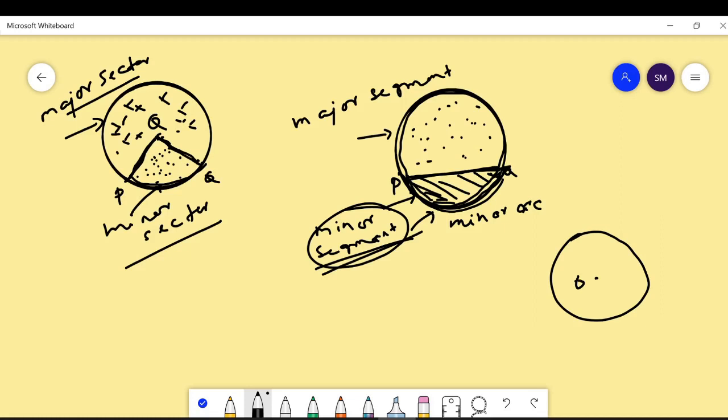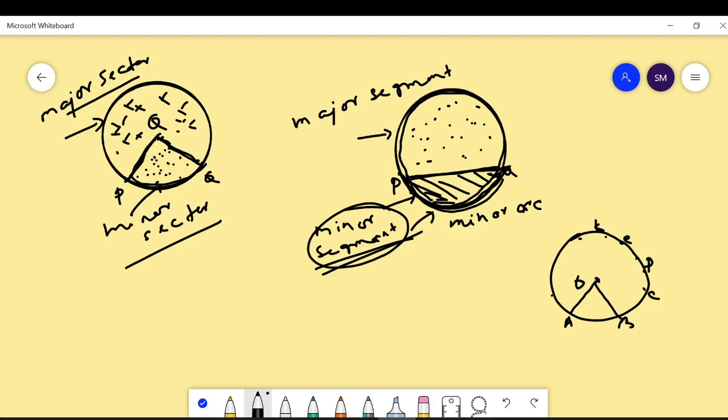Suppose this is the center. Any point on the circle joined to the center is called the radius. Suppose A, B, C, D, E, F are points which lie on the circle.